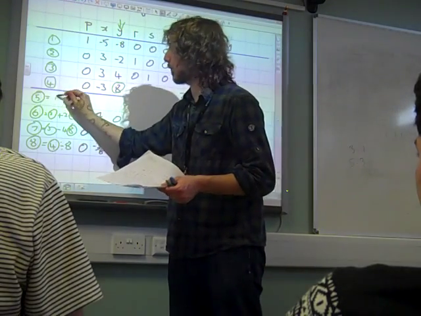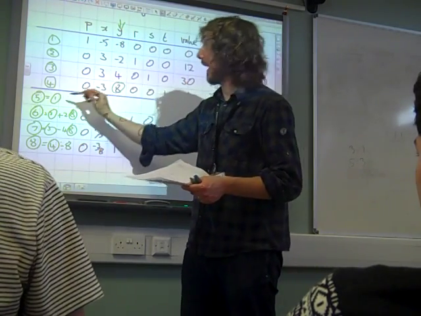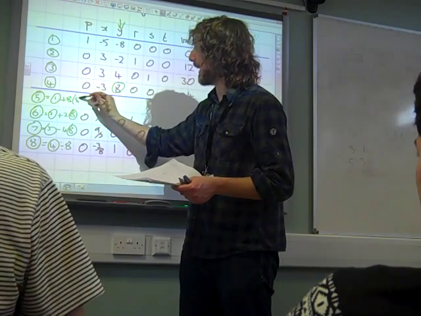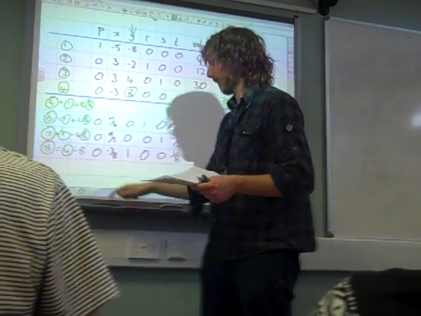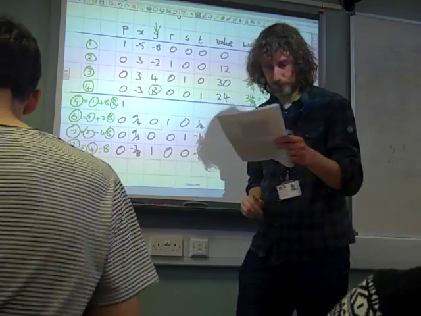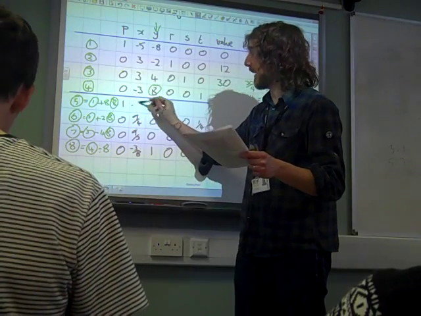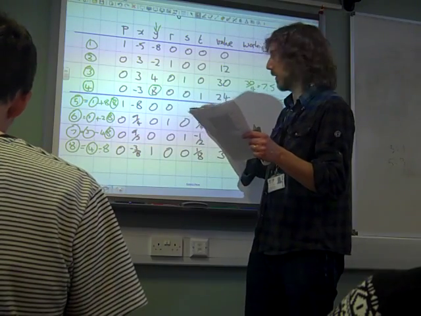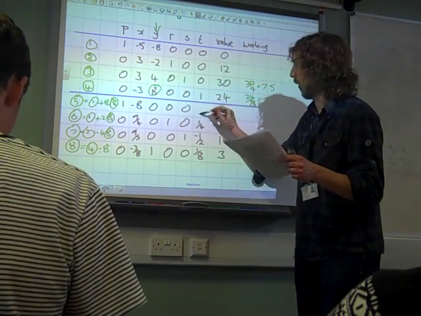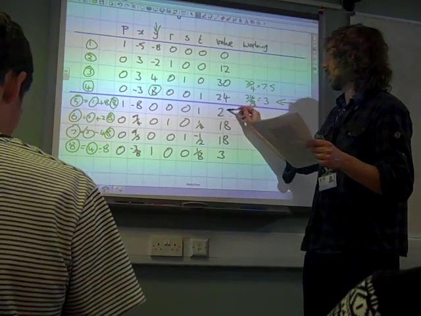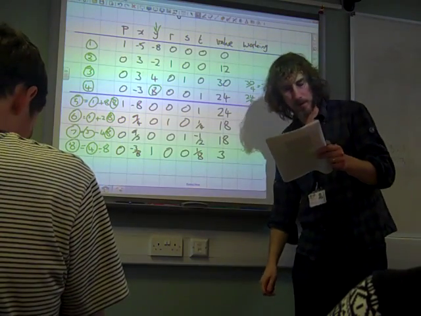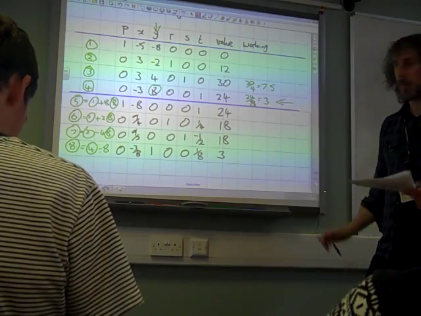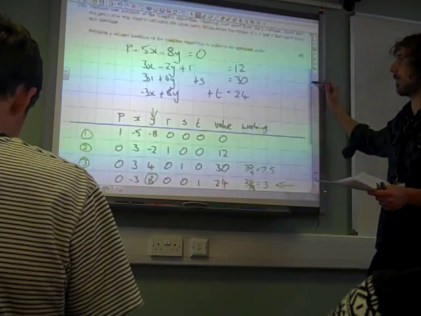Row 5 comes from row 1. There's a minus 8 there, so we need to add 8 lots of row 8. 8 8s is 64, which gives us 0, 0, 0, 1, 24. Phew. That is one iteration performed.